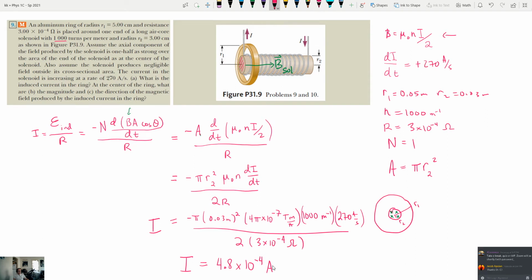Yeah, that's what I got. Just 1.6 amps or 1.6 times 10 to the minus 4? Just 1.6. Oh, you were talking about the EMF, I guess. Okay, so the current ends up being 1.6 amps.